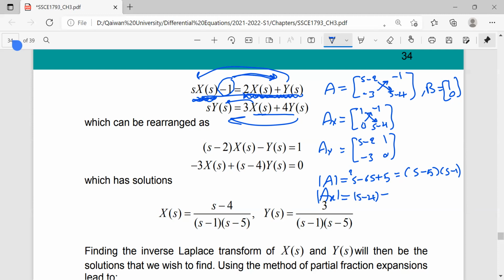Minus multiplying in this direction, we get 0, because 0 times negative 1 is still 0. And you can just write down s minus 4. And the determinant of Ay equals multiplying these two is 0, minus multiplying these two. Here we have a negative sign also, we get 3. These are the determinant of Ay, determinant of Ax, and determinant of A.